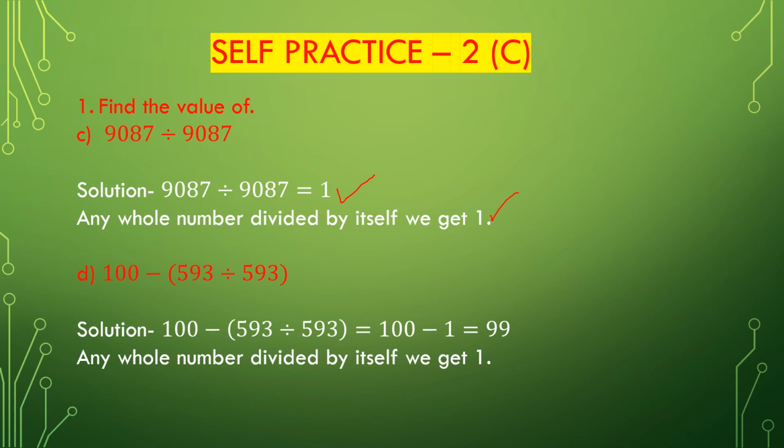When we divide a whole number by the same whole number, we get 1 only. So 593 divided by 593, we get 1. Then 100 minus 1 is 99. Any whole number divided by itself, we get 1 only.